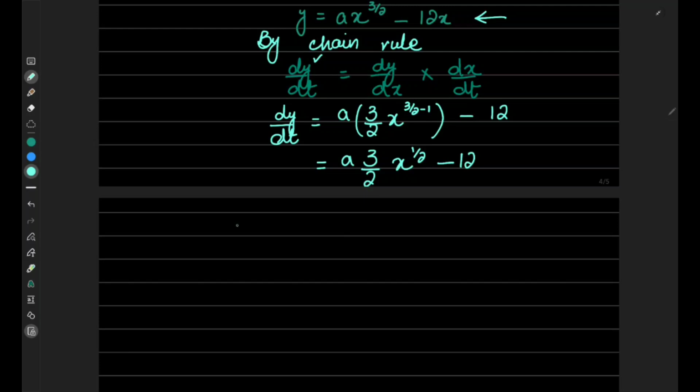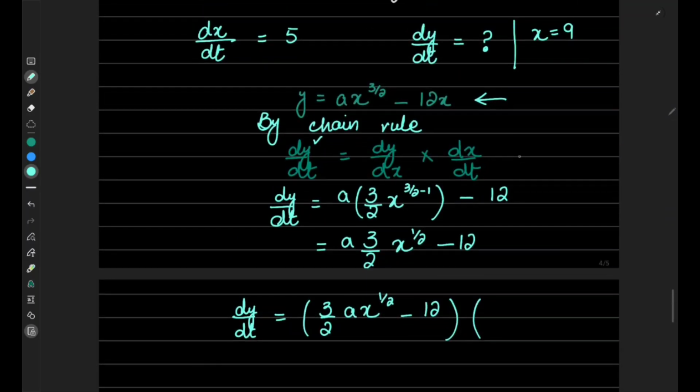And now it will give you dy over dt equals 3 over 2 a x to the power half minus 12 times dx over dt, and that is 5.